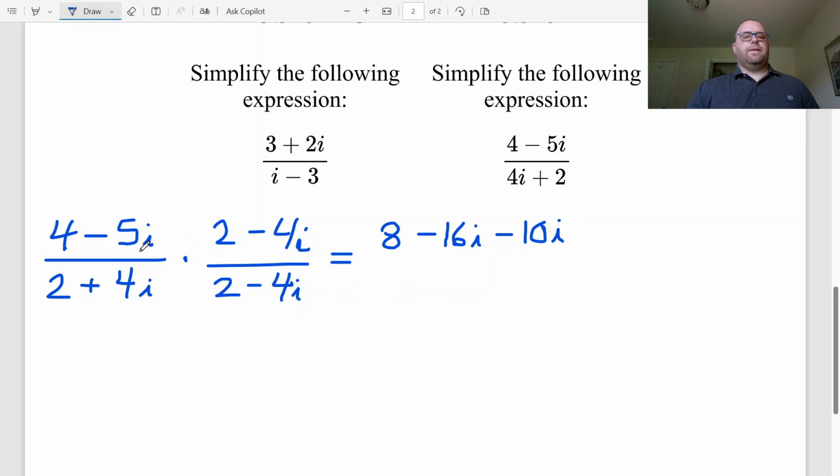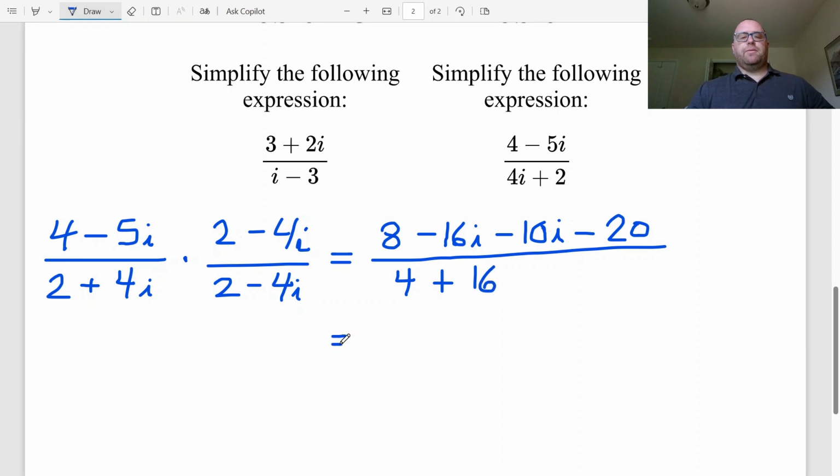And then negative 5i times negative 4i, which is going to be a positive 20i squared, which is actually going to be minus 20. And then on the bottom, 2 times 2 is 4. And 4i times minus 4i is going to be negative 16i squared, so that's going to be plus 16.